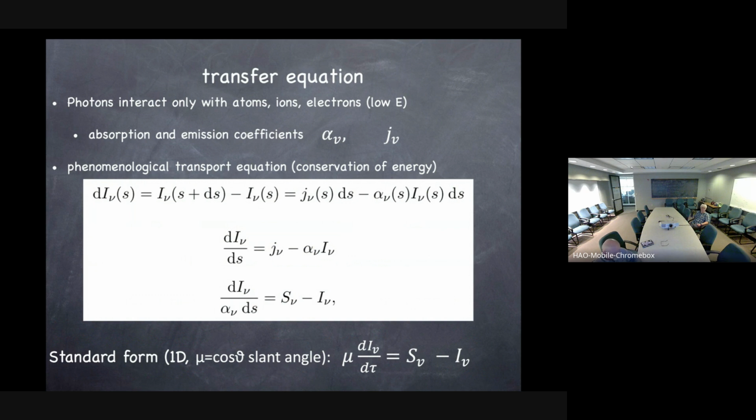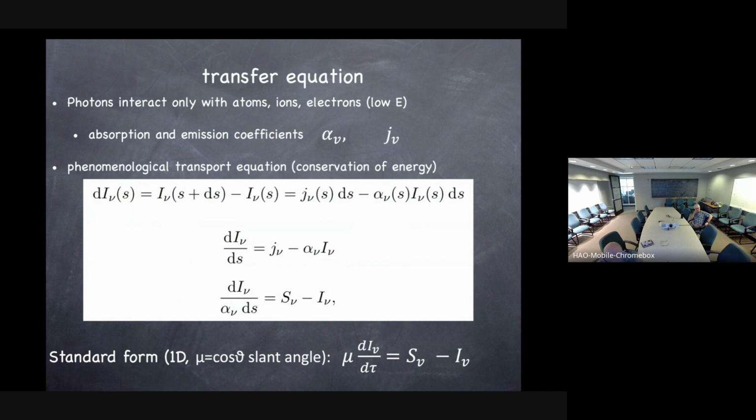So there's no acceleration term, and instead we can appeal to conservation of energy, which is built into Boltzmann's equation automatically, and we end up with a phenomenological transport equation, which is almost what everybody uses. And so this is where it starts not to look like electromagnetism or quantum mechanics, but it is electromagnetism and quantum mechanics. It's just a notational difference.